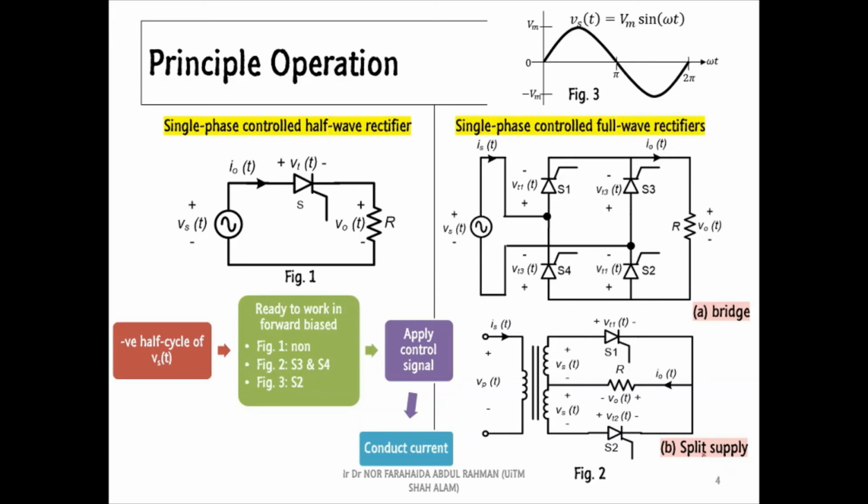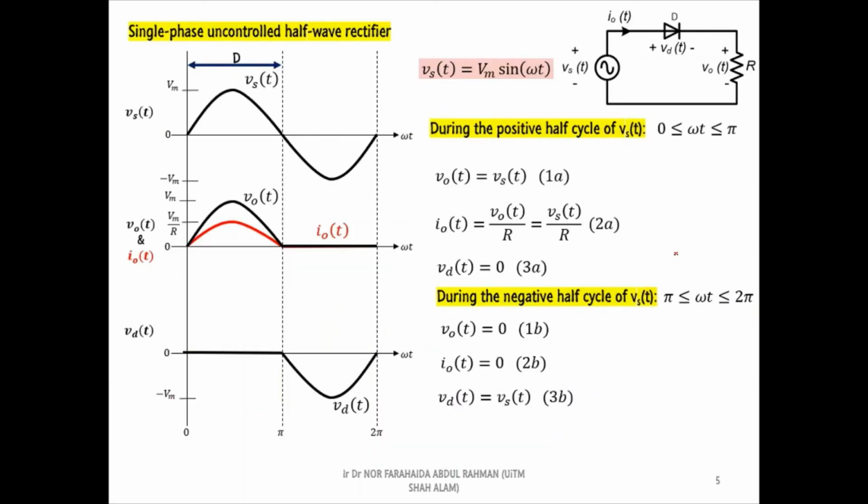By considering the whole operation of the controlled rectifiers, we can conclude that the time of injecting the control signal determines the starting time of the current conduction. Based on the graph, the time refers to the angle value at the x-axis.